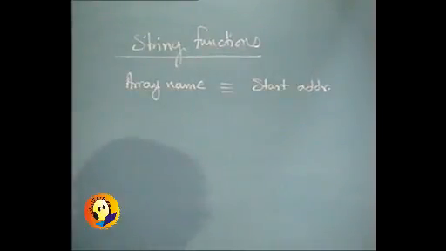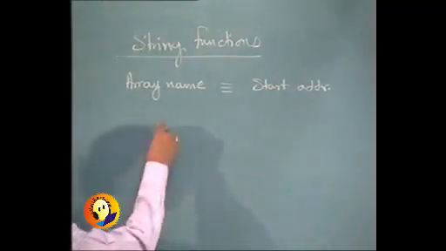Array name is nothing but the start address. So whenever I pass the array name, I was earlier picking it up as array only. I was calling string length s, and then inside the function parameter was s empty square brackets. So it was still array.